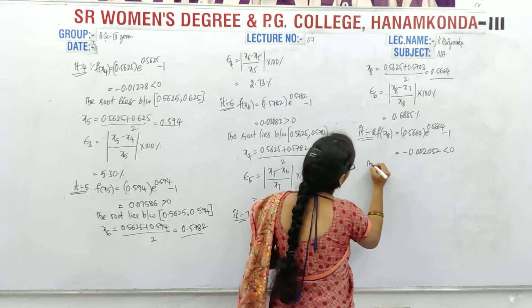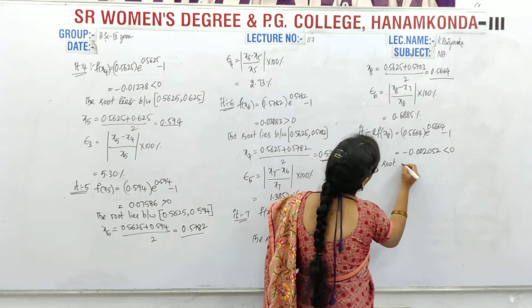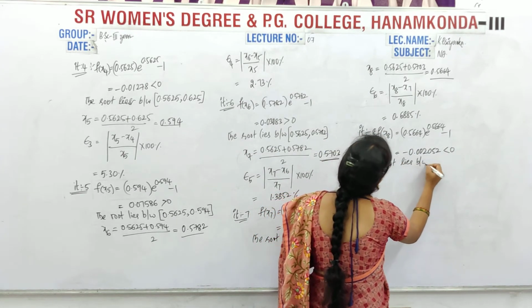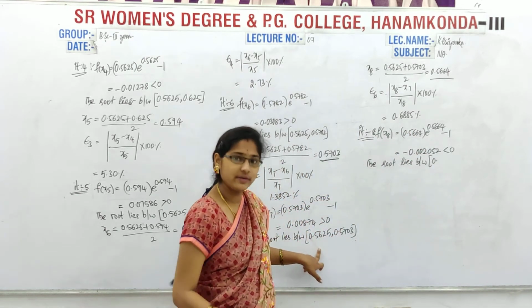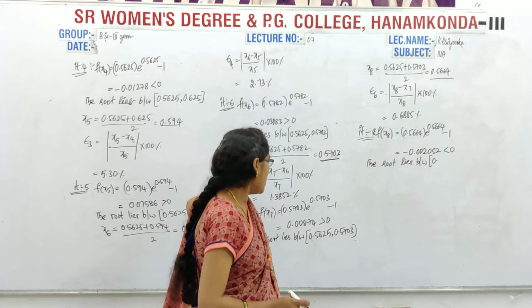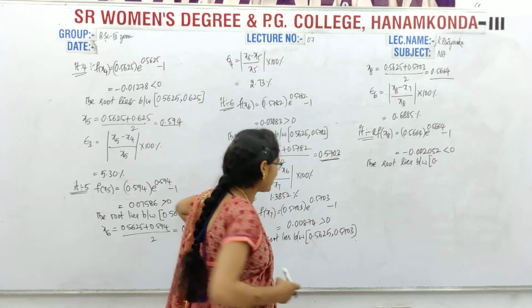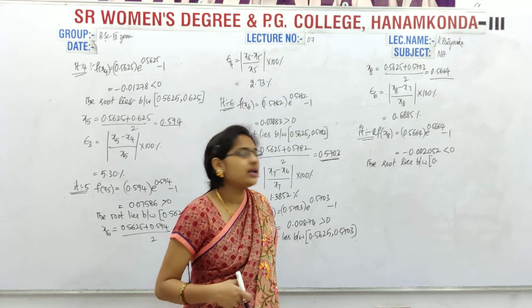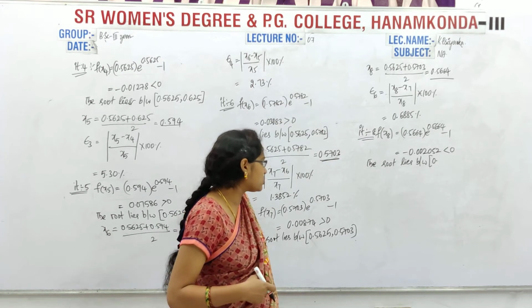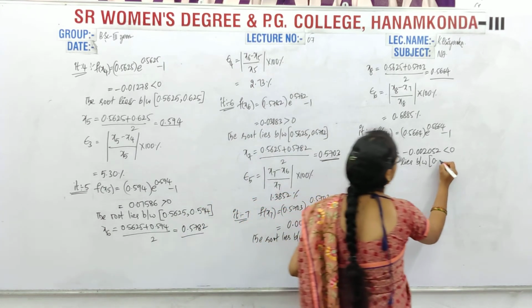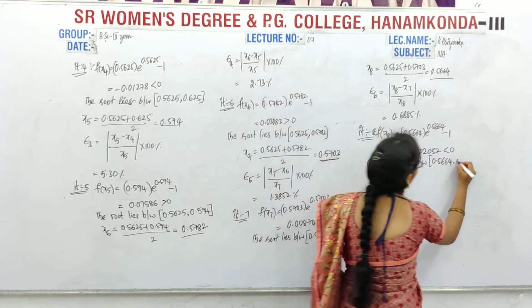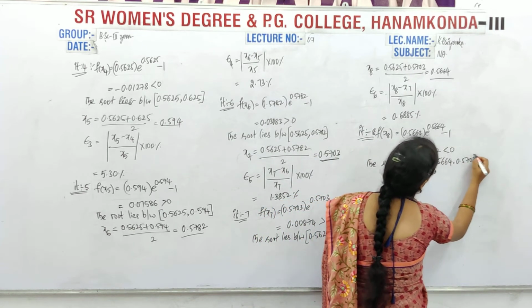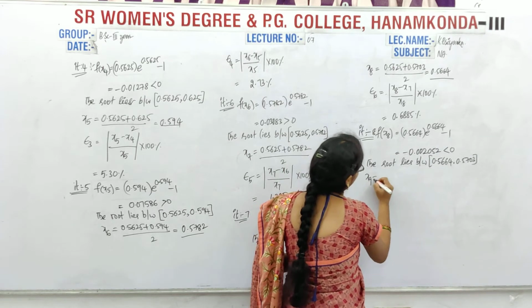Negative means the root lies between, and this is the previous interval, so we have to ignore the value 0.5625. So when we ignore 0.5625, the new interval will be 0.5664, 0.5703.